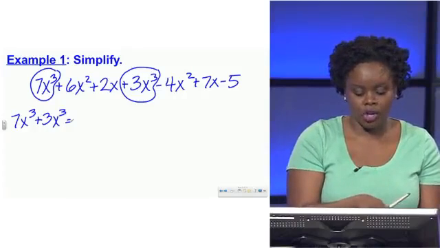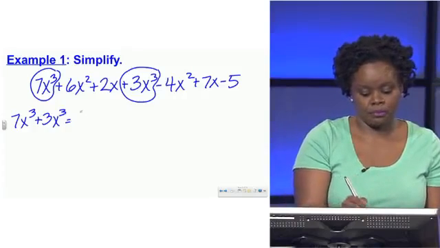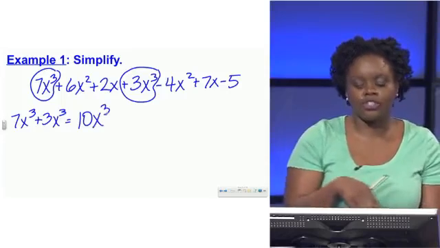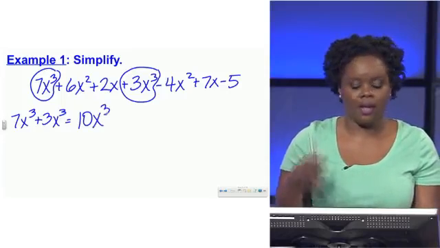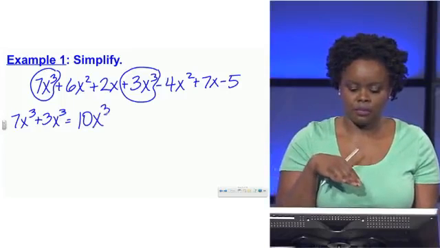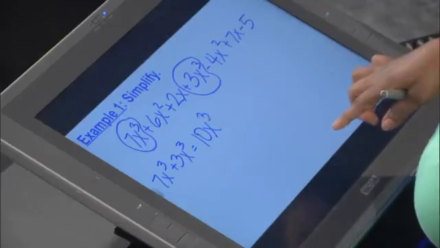We're just combining like terms. So 7x cubed plus 3x cubed, that's just 10x cubed. Essentially, all you're doing is adding your coefficients and just carrying along that variable to that power. So I know we've got the first set handled, that 10x cubed.